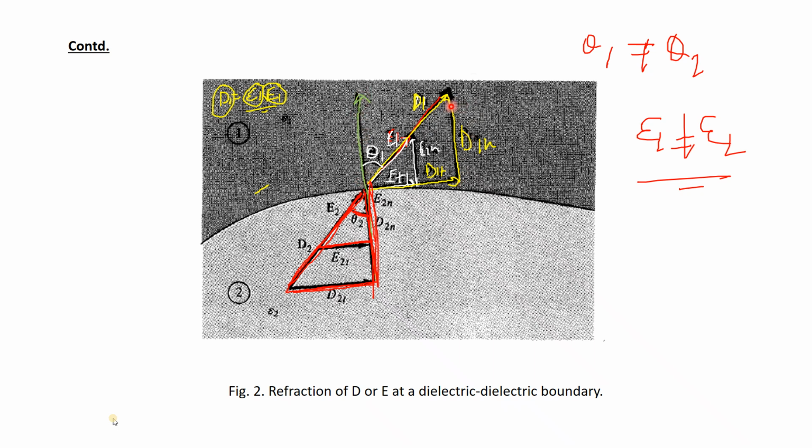and these two are parallel lines, that means this green-colored normal line and D1n are parallel to each other. So if this is theta 1, this will also be theta 1.